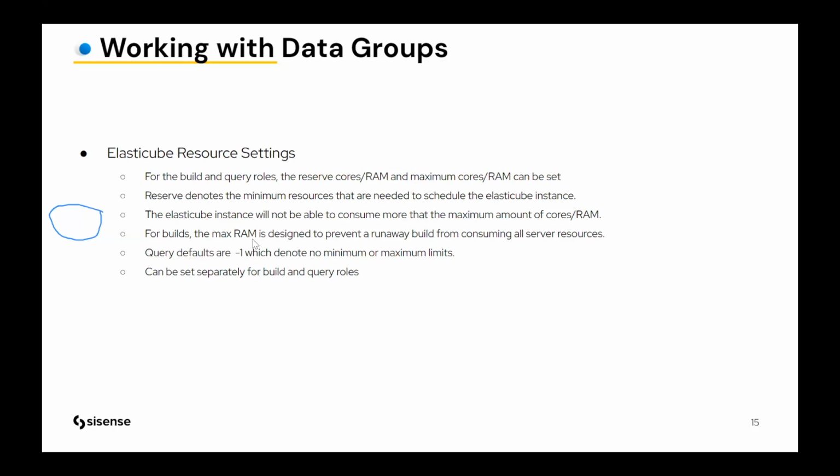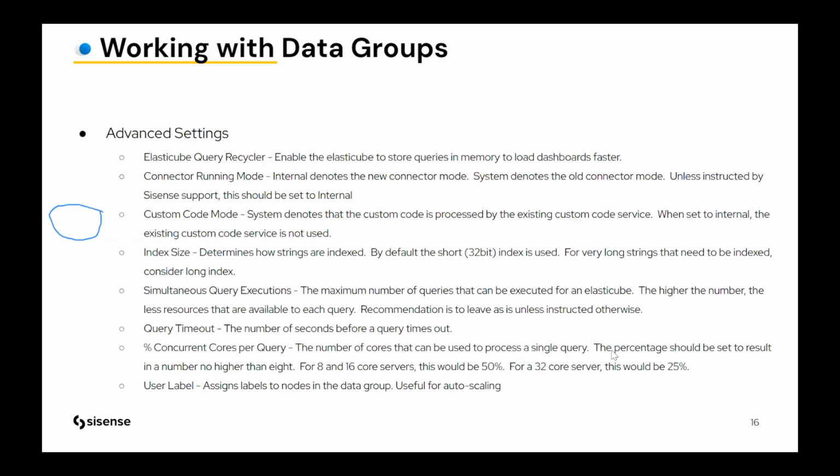For builds, the max RAM is designed to prevent a runaway build from consuming all the resources. As we said, -1 denotes no minimum or maximum limit. And then they can be set separately for each build node. We talked about advanced settings: the ElastiCube recycler, the active running mode, custom mode, index size, short and long.